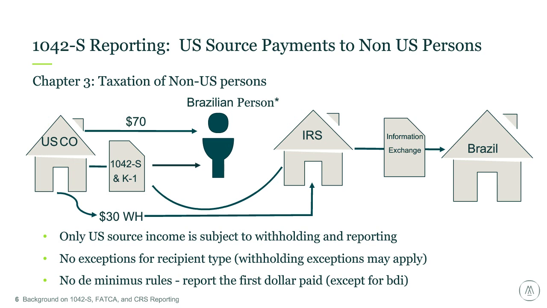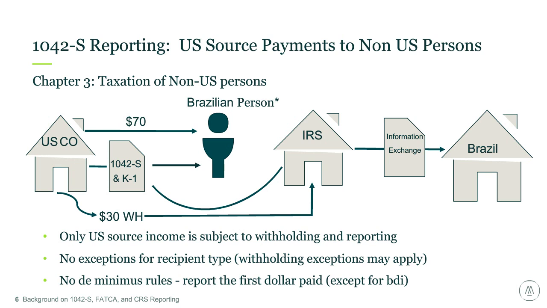You don't generally have withholding requirements on bank deposit interest, and you don't have reporting if it's under $10. And if it's over $10, there are all these rules looking at the jurisdiction of the payee, so it can get complicated. So that is Chapter 3.